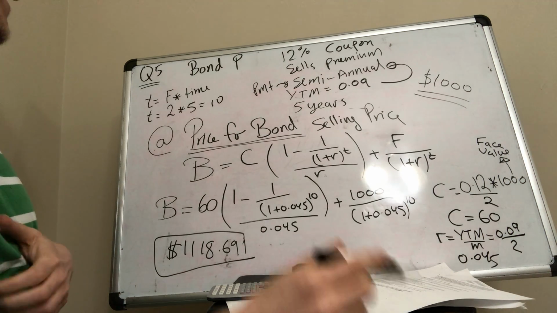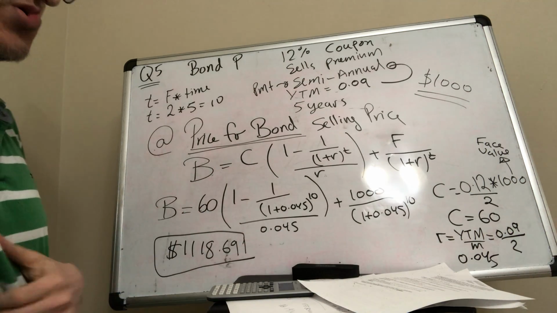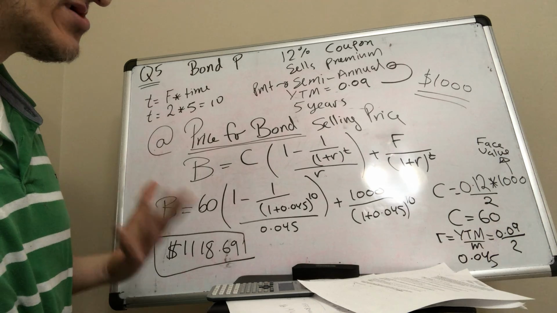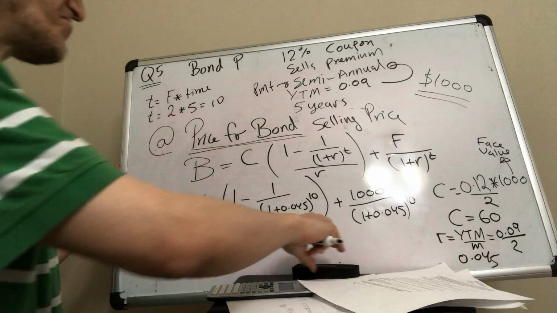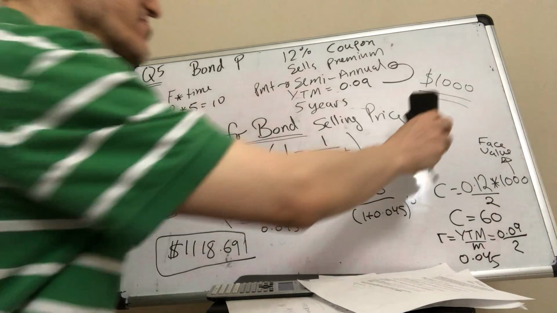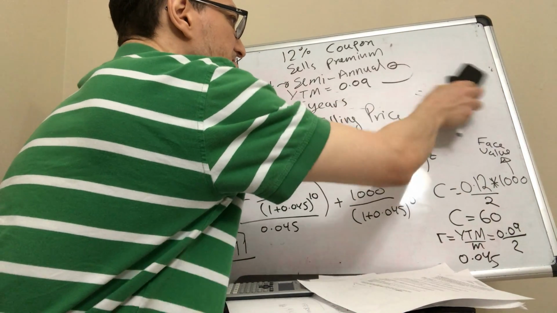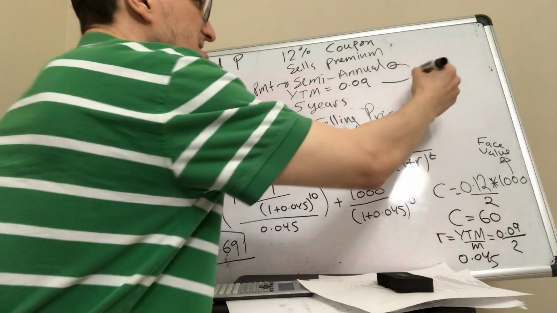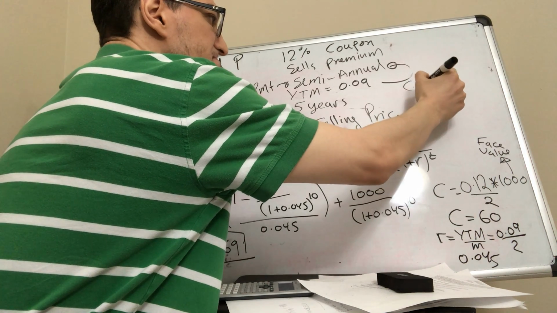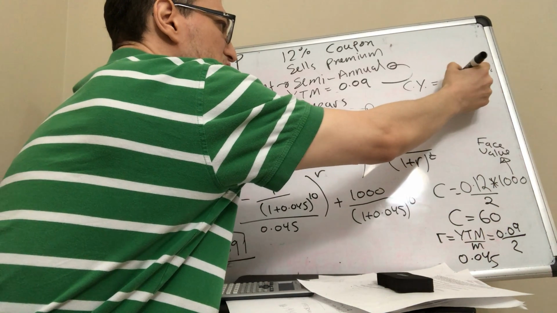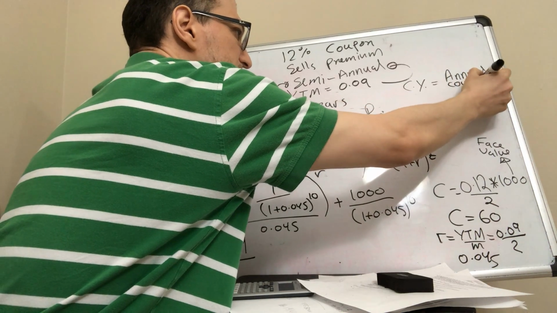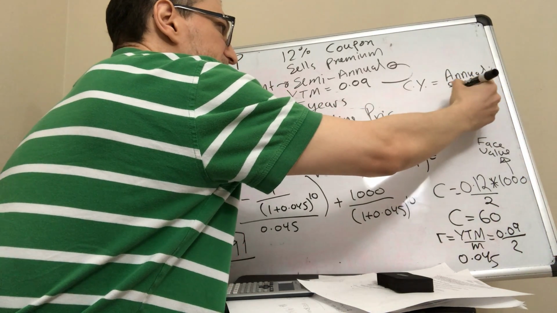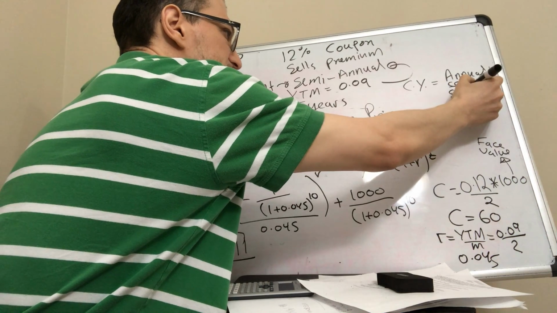So A, that's the selling price for A. They're asking for current yield. Current yield is annual coupon over the selling price.